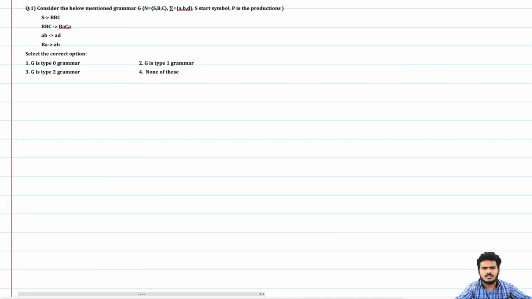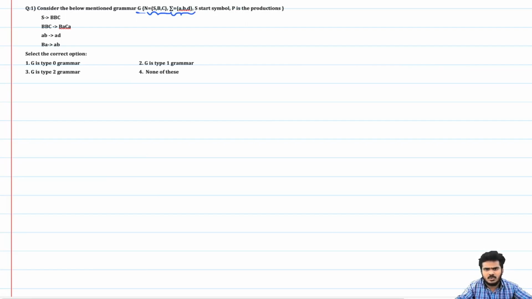So this is the question. Consider the below mentioned grammar. The grammar is given to us, and the grammar is represented by G. We know that a grammar has 4 tuples, that is V, T, P, S. In this grammar, V is represented by N, and that contains the variables S, B, C, and T, the terminal set, is represented by the alphabet, and we have a, b, d as the terminals.